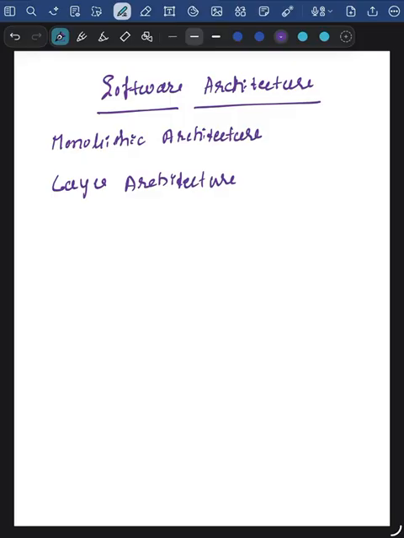Okay. The next one is microservices. Microservice architecture. Okay. This is the most trending and recently being used architectural pattern. Okay, here each service is independent. Okay, for example, take a banking application example.